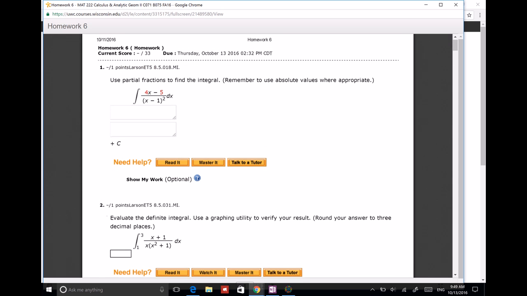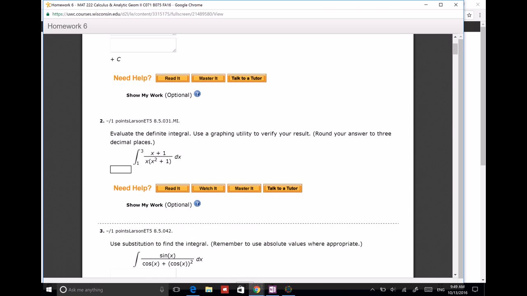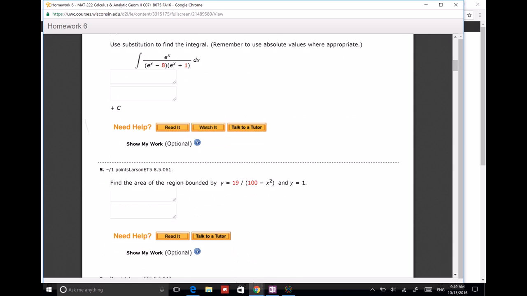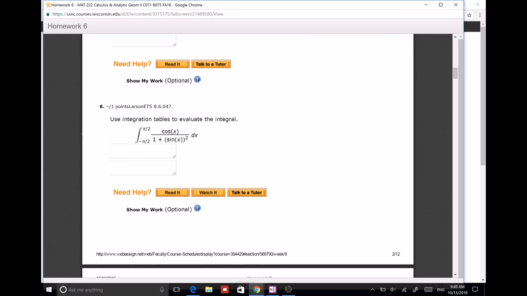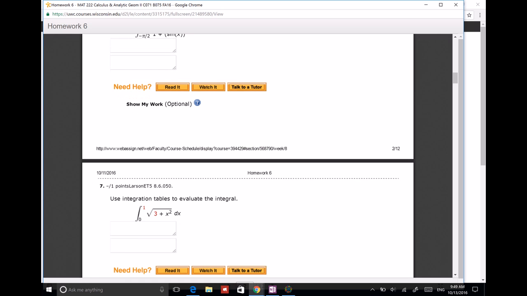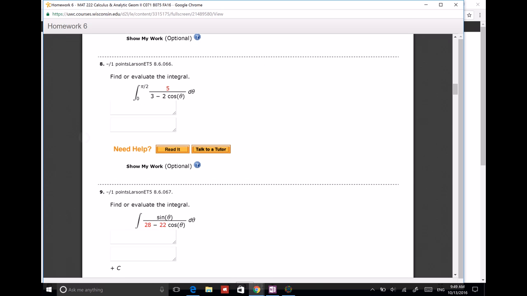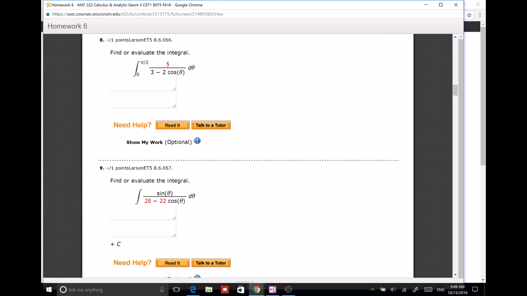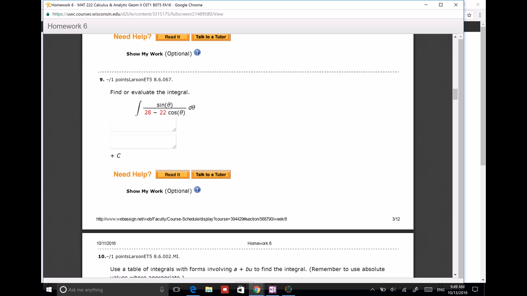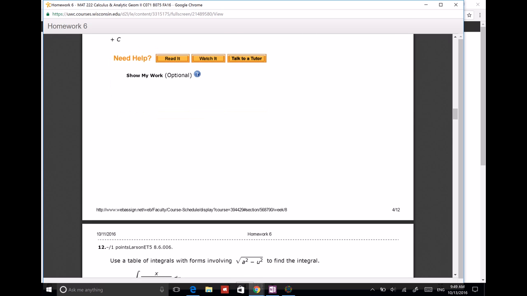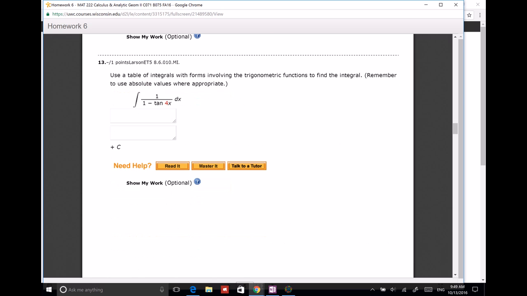You can use substitution, partial fraction for number 4, number 5, number 6. Number 7 we did in class. Number 8. Number 9 is okay. You have sine theta, you can use substitution. It's pretty simple. Number 10 I think is okay. Number 11 is fine, you can use the formula. Number 12, number 13, okay.